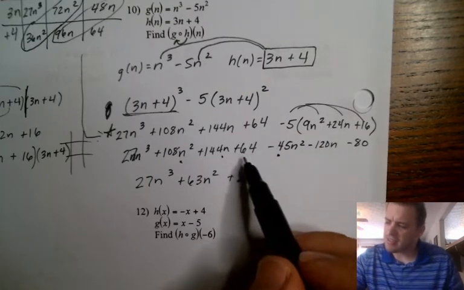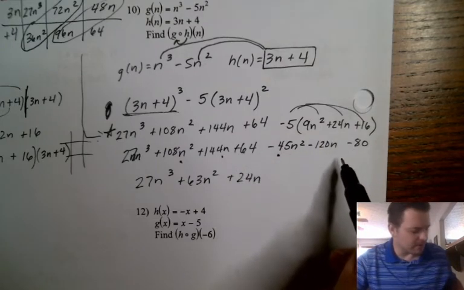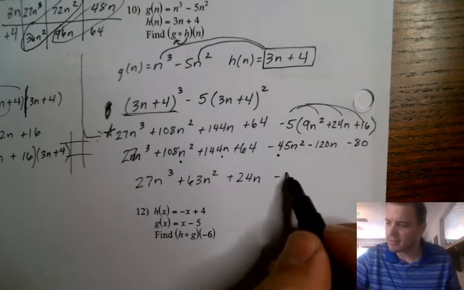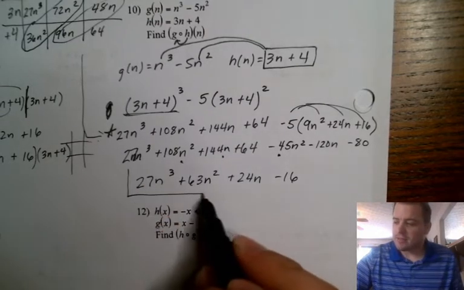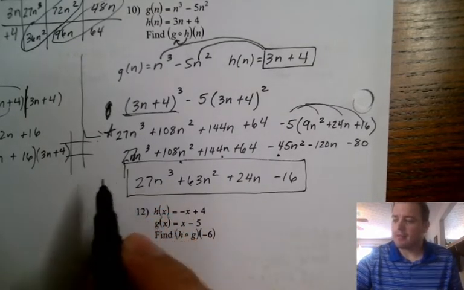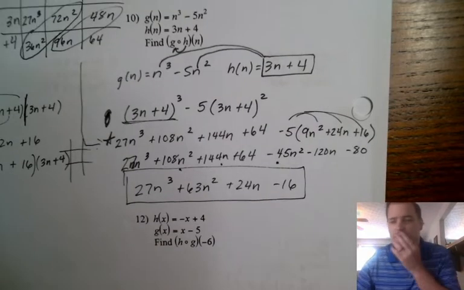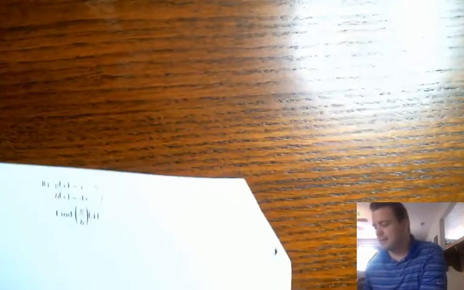And then we have 64 and minus 80. 64 minus 80 would be like terms because they're constants, and that would be minus 16. This is what I think is the answer. And then from there, guys, we just pray that that's the answer that's on the back of the notes.